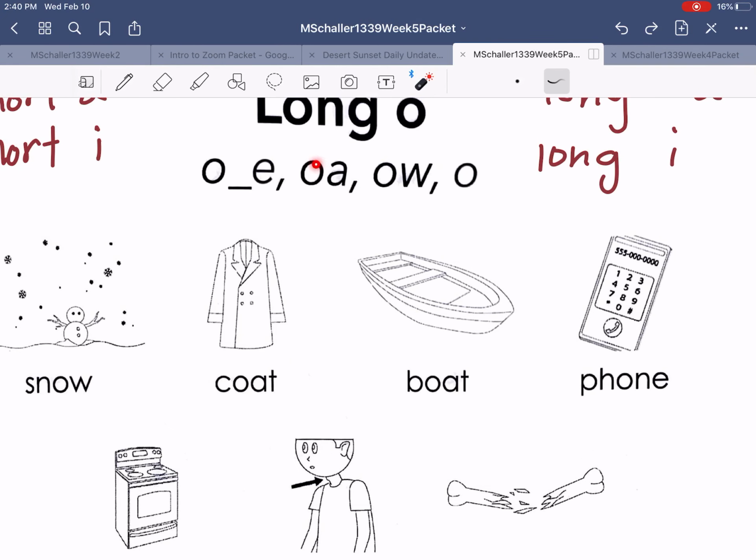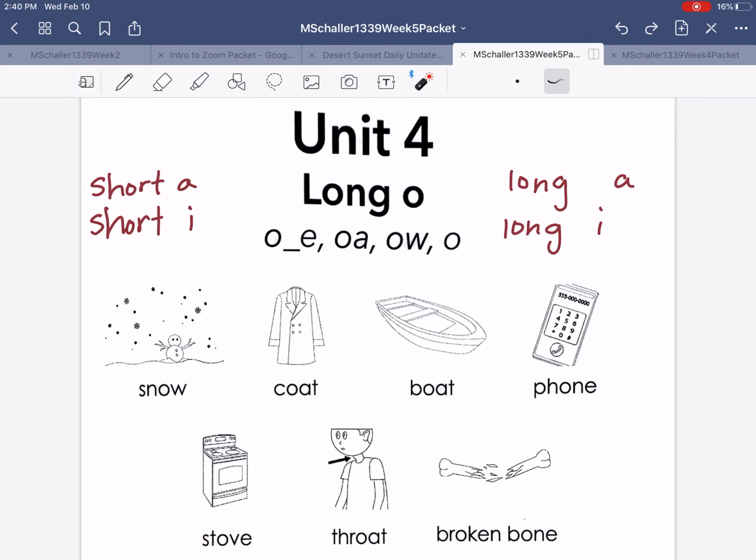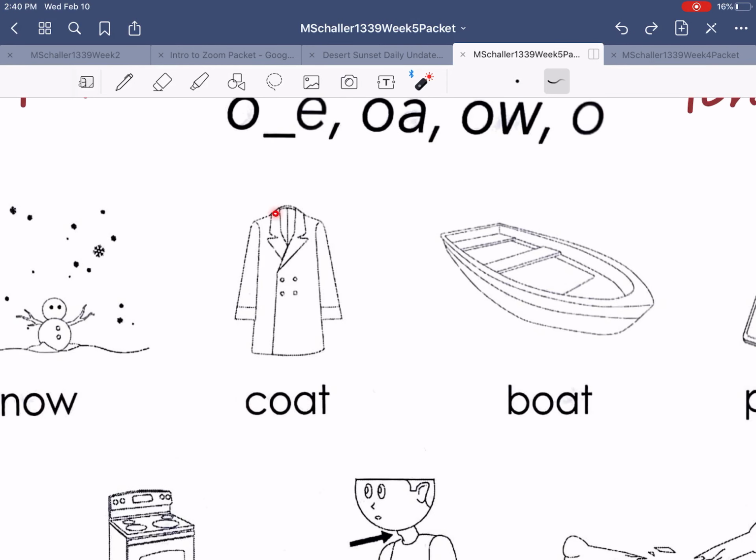Same here, you have O, A. O by itself, sound aw. O-A, sound O. So here we see that this is a coat, C-O-A-T, coat, O-A.